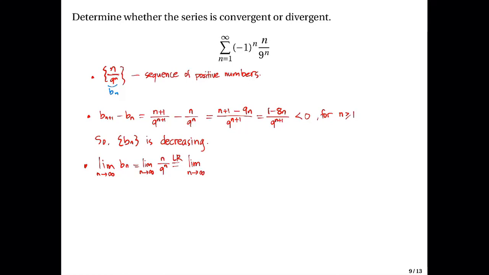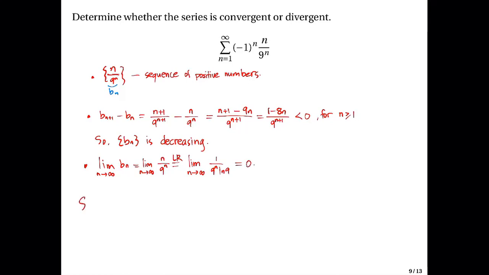So, derivative of n, it's just 1. Derivative of 9 to the n, it's 9 to the n ln of 9. So as n approaches infinity, this is equal to 0.